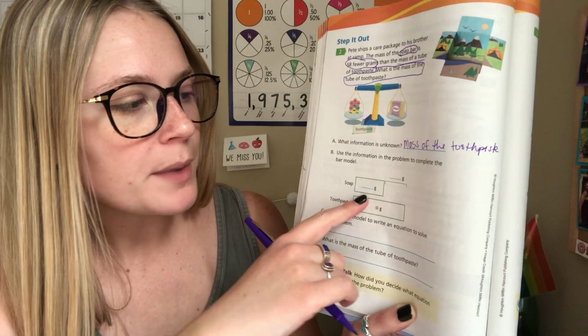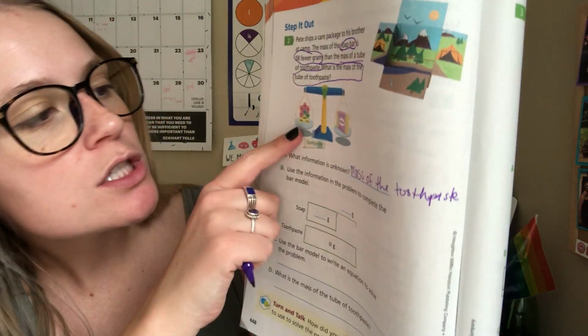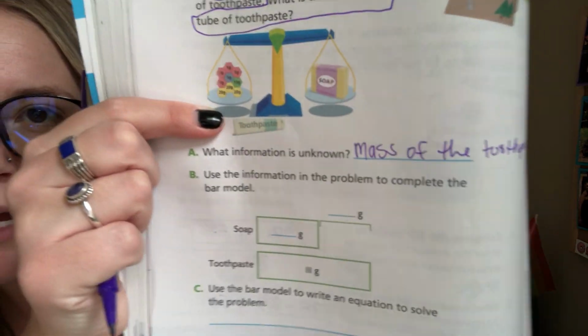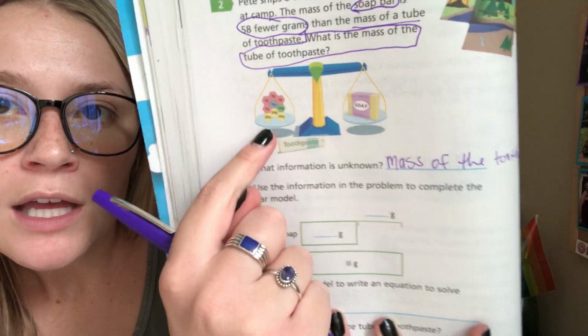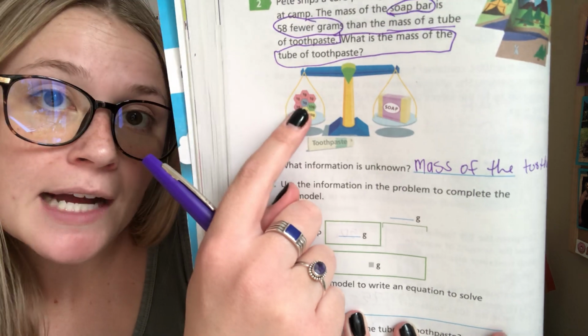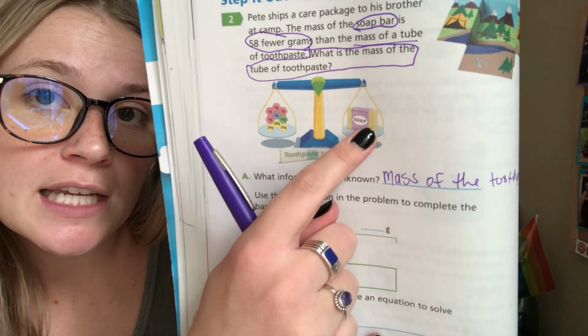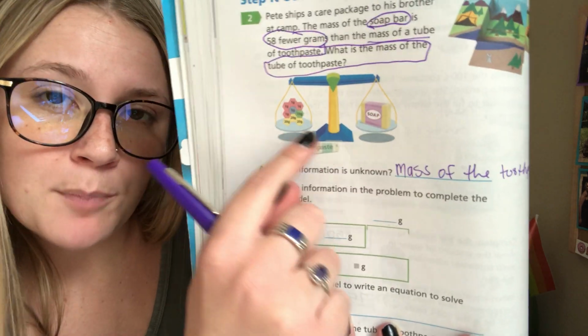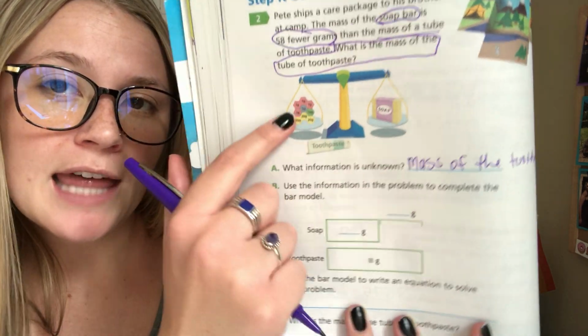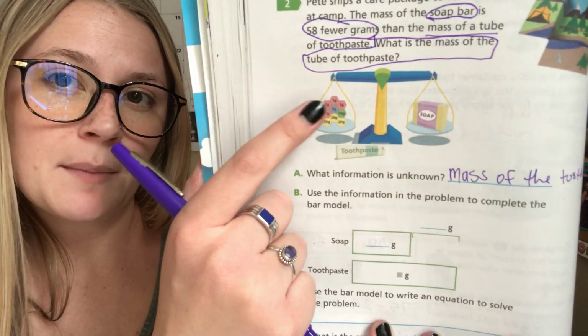So the soap is how many grams? So the soap is this, see it how it's on the pan scale? And they're perfectly equal. So that means these are grams, and we use this many grams to get to the weight of the soap. And so when it's perfectly balanced like this, that means that the soap weighs this amount of grams.